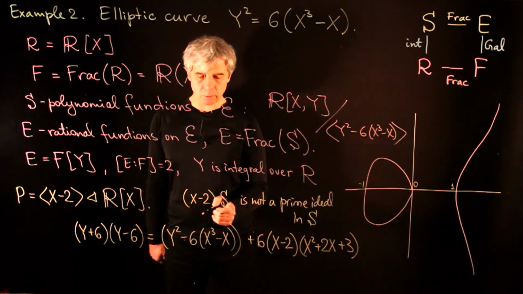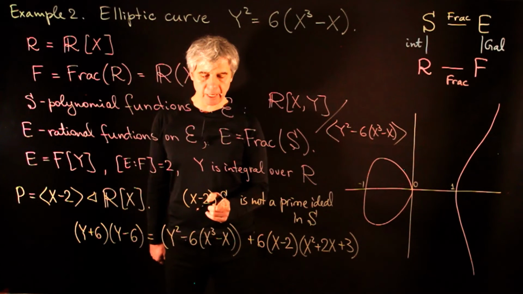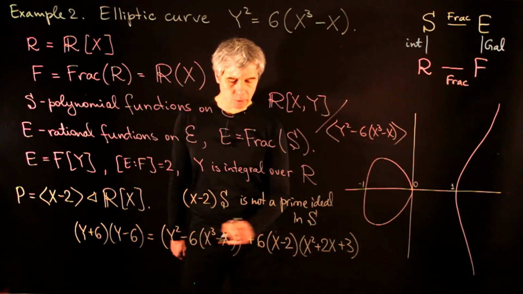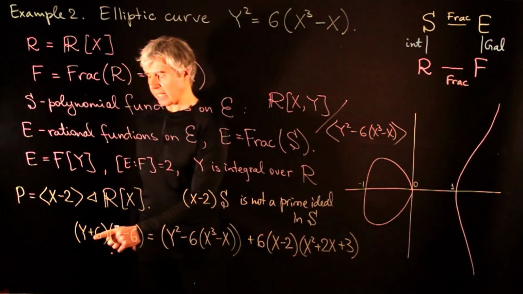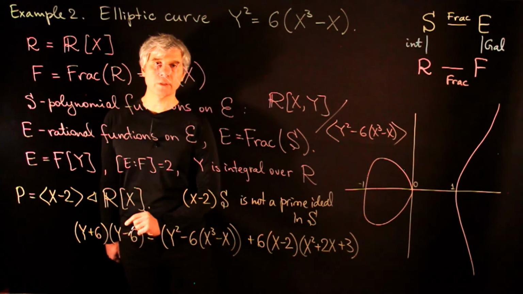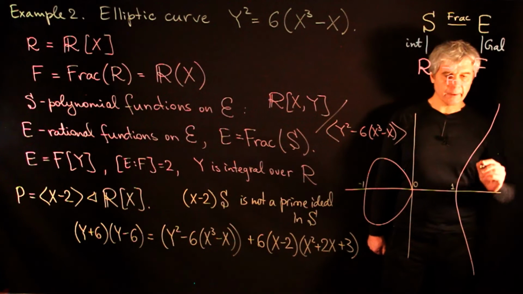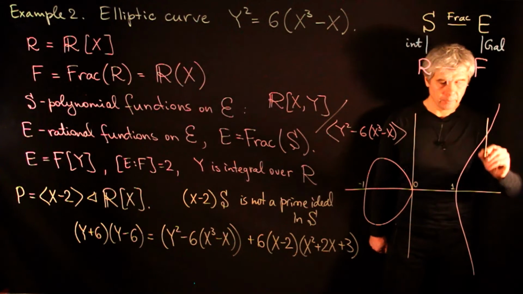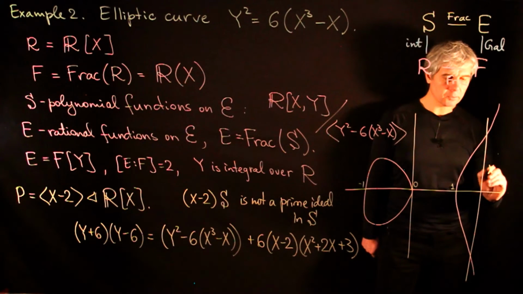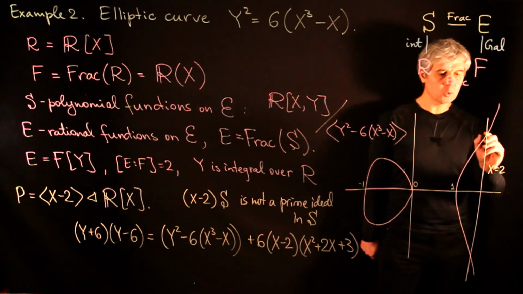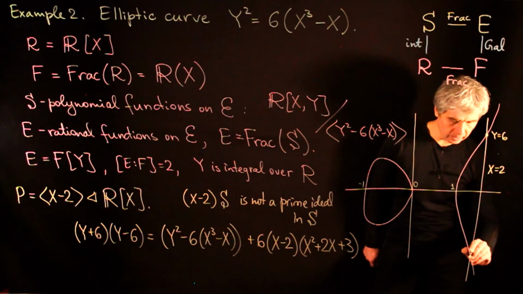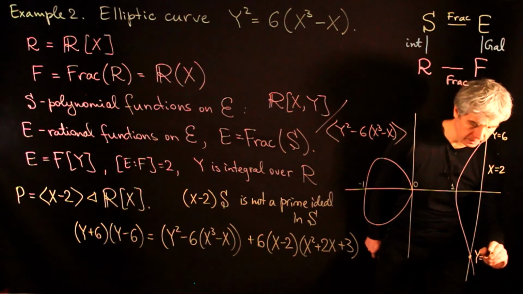If we quotient out the principal ideal generated by x minus 2 in S, then the right-hand side will turn into 0, and we will get divisors of 0 in the quotient. Geometrically, this means that if we intersect the elliptic curve with a line x is equal to 2, then we will get 2 points of intersection, y equals 6 and y equals negative 6.